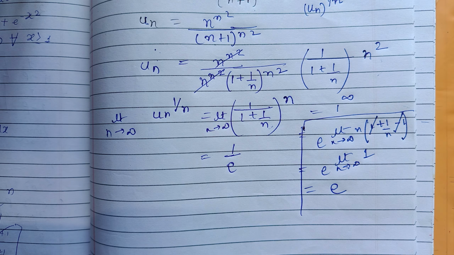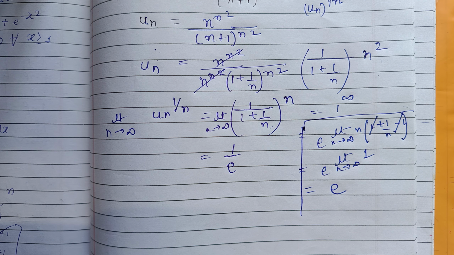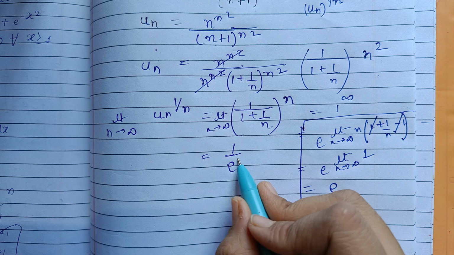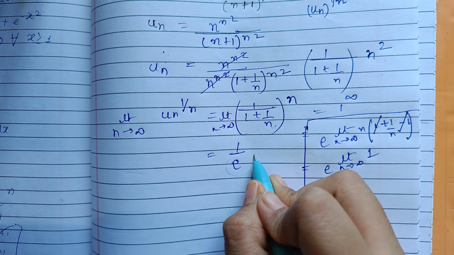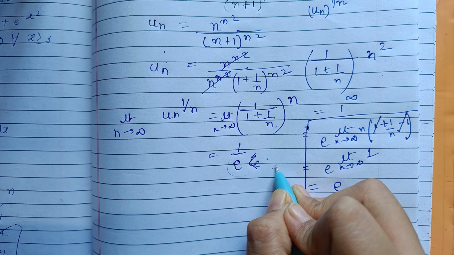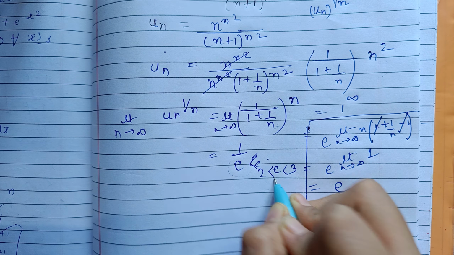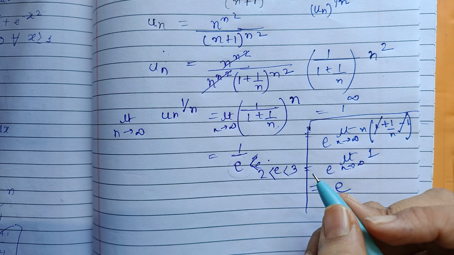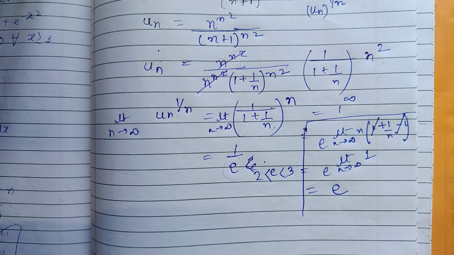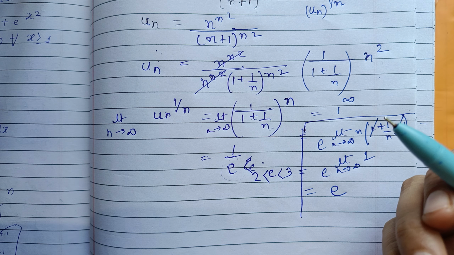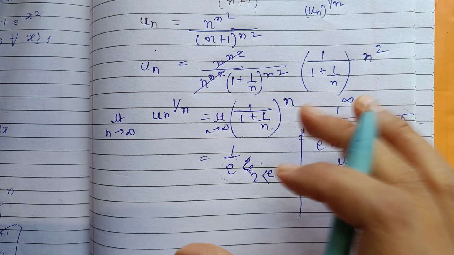Are you agreeing with me? Now this 1 upon e, actually what is the value of e? We know that e lies between 2 and 3. Okay, so when your denominator is greater than numerator, the answer is less than 1.